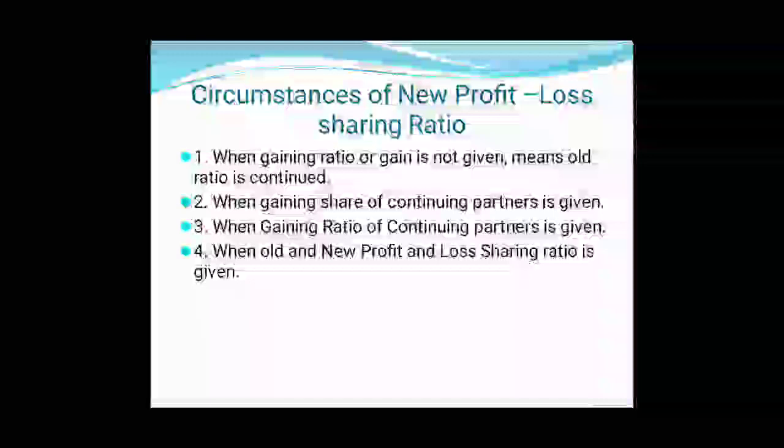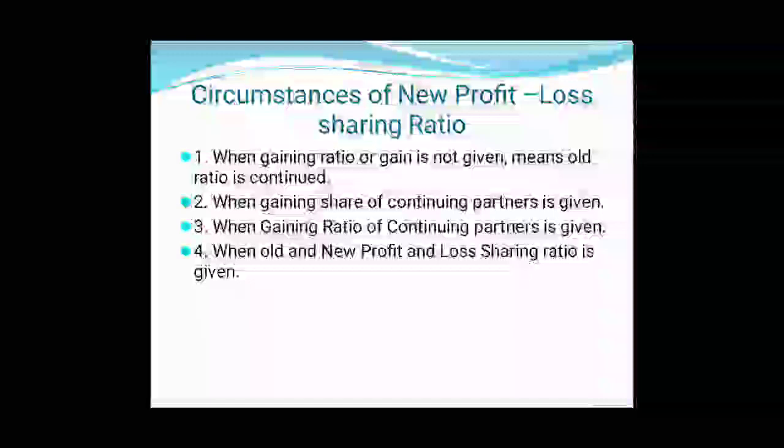Gain share equals the share of the retiring partner into the gain share based on the gain ratio of the continuing partner. So from that formula we will determine the gain share, and then the new share will be old share plus gain share, as we very well know.